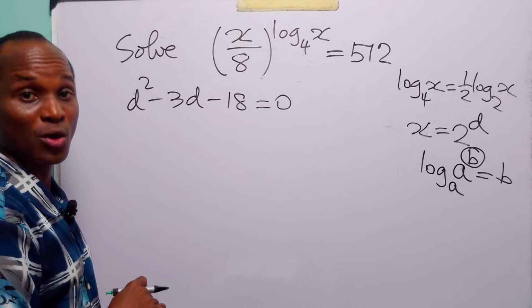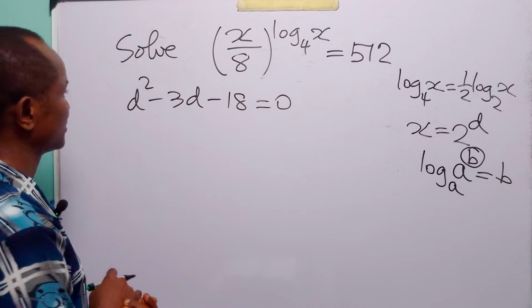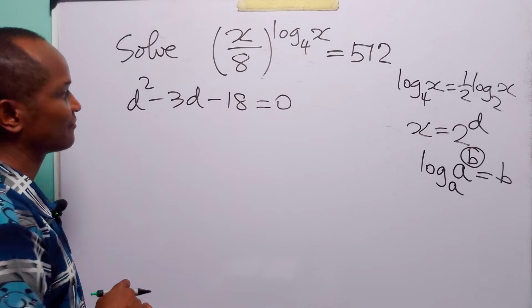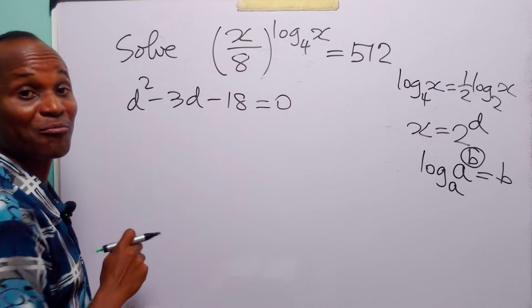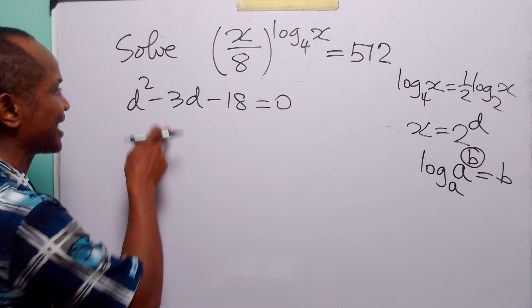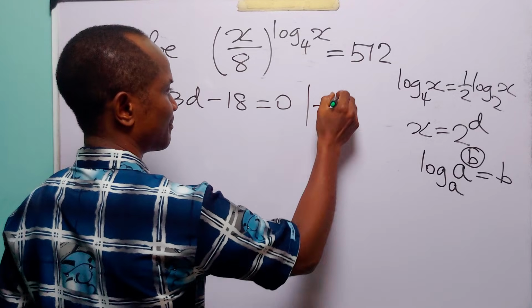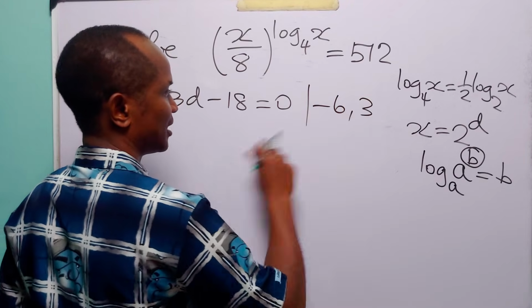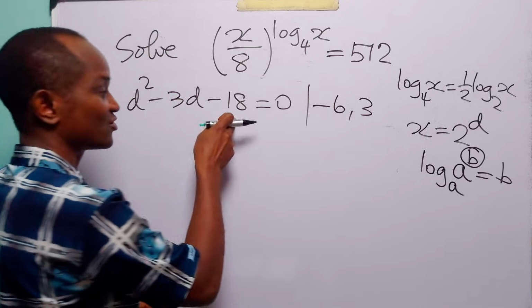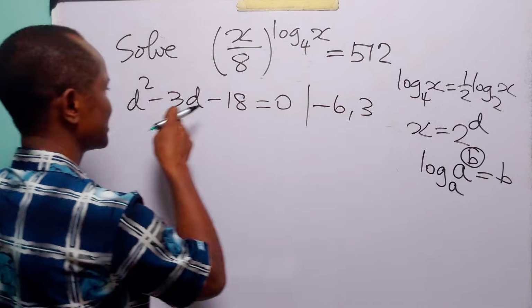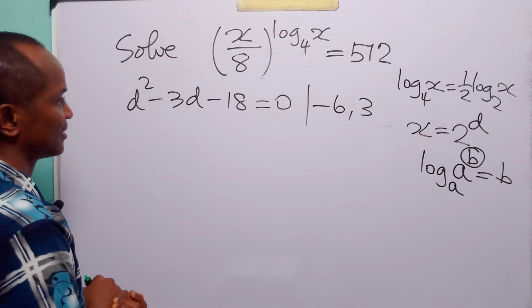Now we can solve this quadratic equation by factorization. Since the coefficient of d squared is 1, all we have to do is find the factors of minus 18 that add up to minus 3. And those are going to be minus 6 and 3, because minus 6 times 3 is going to give us minus 18, while minus 6 plus 3 is going to give us minus 3.